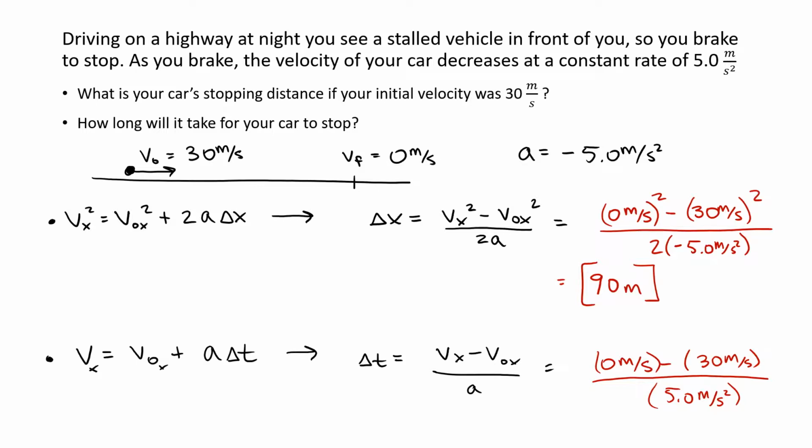Oh, sorry, minus 5. Okay, I can't have a minus time. So, negative 30 over negative 5. Final result: 6 seconds. Yeah.